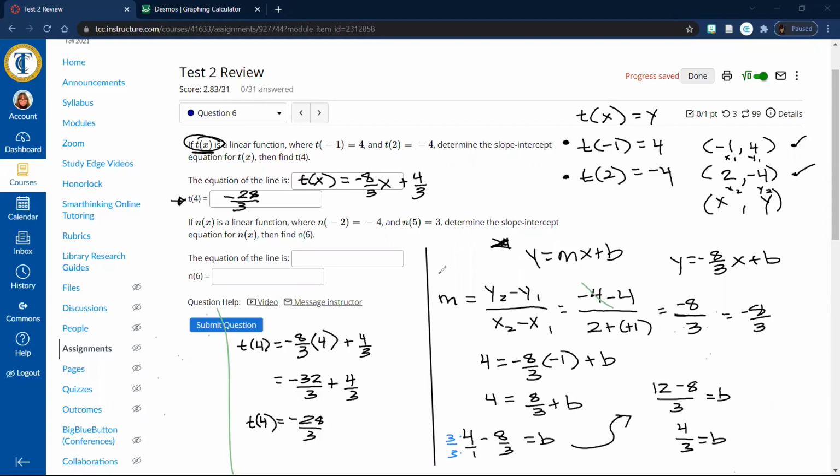You plug them into the slope formula and come up with your equation. That's the first step. And then the second step is plugging in a value for x or y, whichever it asks. In this case, it's just x, and solving for y.